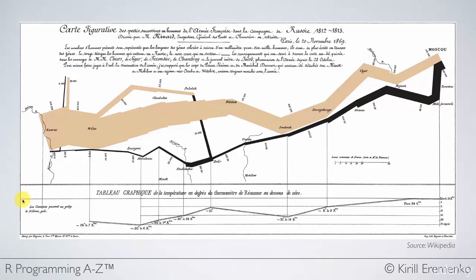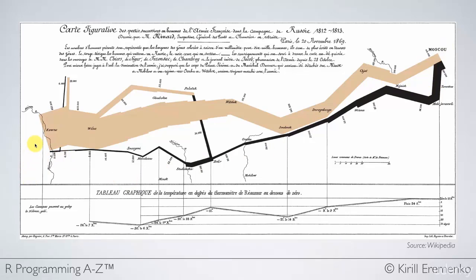And what it's showing is how the French troops started over here on the border of Poland, and then they got all the way to Moscow, turned around, and went back.